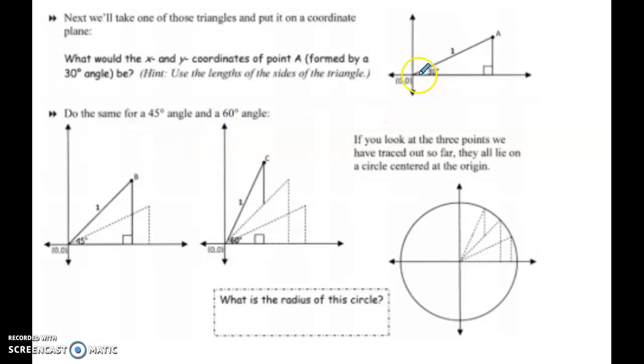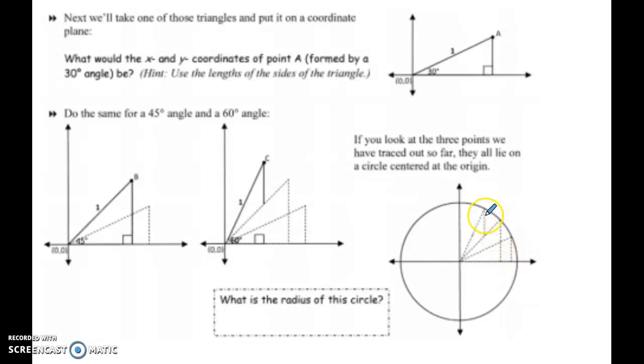So first, if you think of putting the 30, 60, 90 triangle on here, notice the hypotenuse is 1 on all of them, and that's what's going to make this circle. So this is going to make a circle whose radius is 1. So we're going to put all 3 triangles on the x-positive axis.